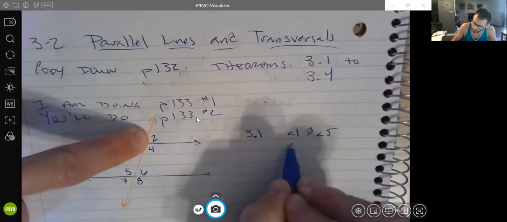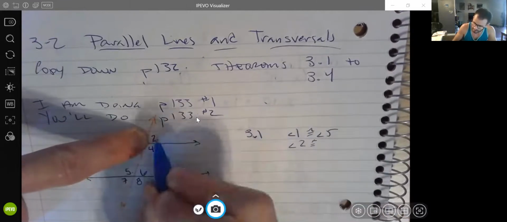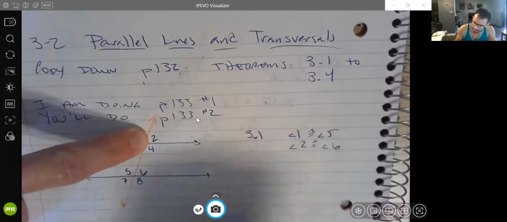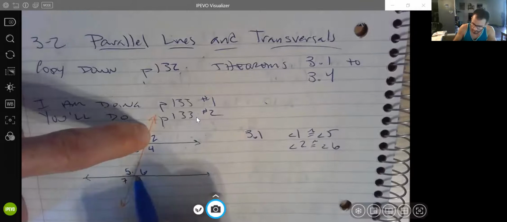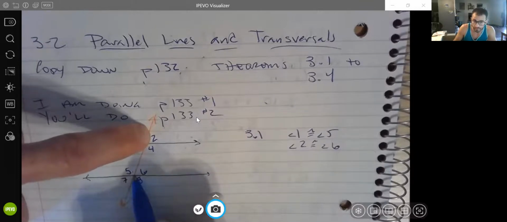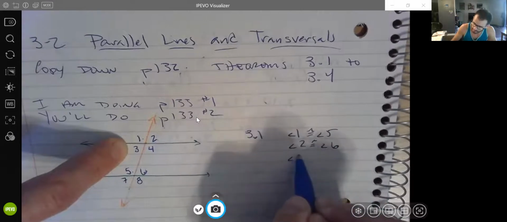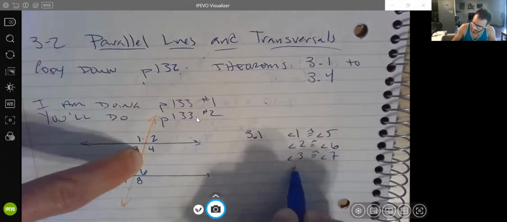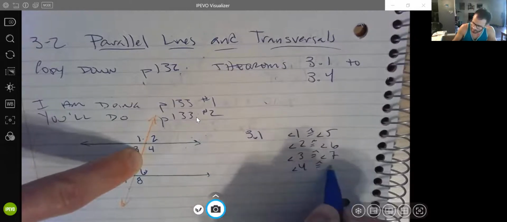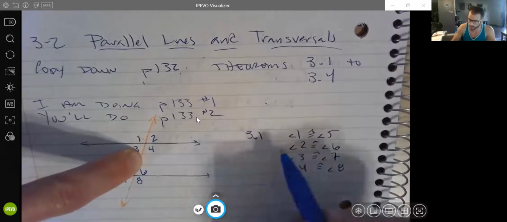Likewise, angle 2 is at the top right of its intersection. Angle 6 is at the top right of its intersection. Keep in mind, if these are 2 roads, this is the intersection. Okay, so angle 6 is the top right corner. Okay, and then likewise, angle 3 is congruent with angle 7, and angle 4 is congruent with angle 8, all by the corresponding angles theorem 3-1.